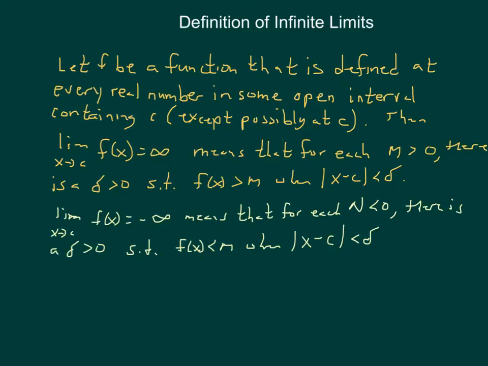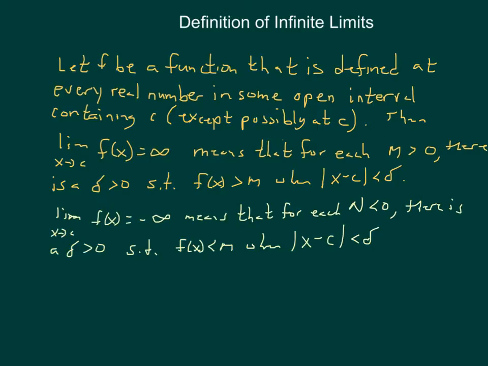Then the limit as x approaches c of f of x equals infinity means that for each M greater than 0, there is a delta greater than 0 such that if my function value is greater than M, then I know that the value I'm plugging in is within delta units of c. So I know that the absolute value of x minus c is less than delta.